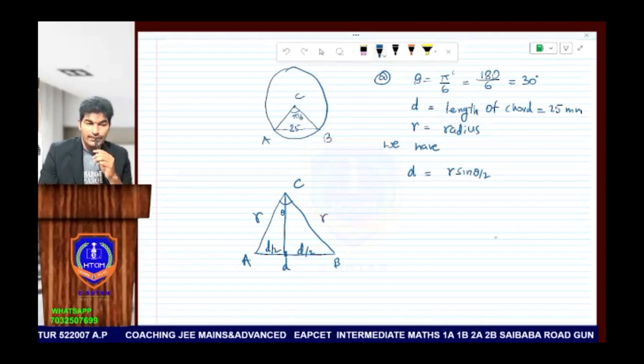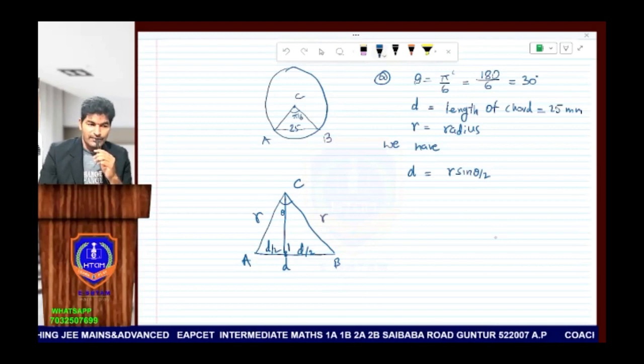So D is divided into two parts with equal length, so I mentioned D by 2. Actually, the figure is not showing like that, but you have to think about that. That is the property of a triangle.